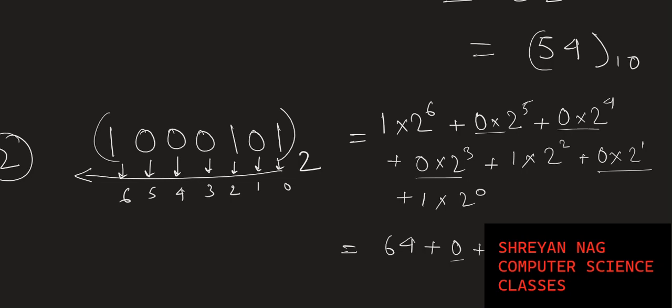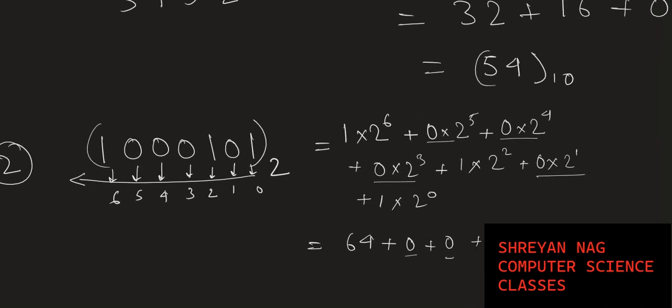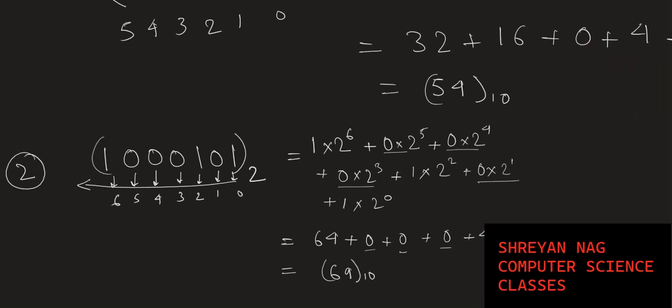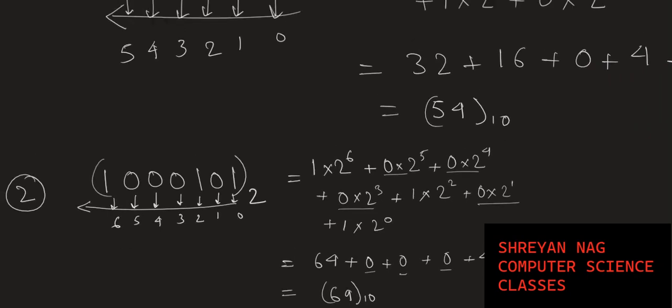And anything to the power of 0 is 1, so 2 to the power of 0 is 1, 1 into 1 is 1. So we can say that 64 plus 4 is 68, plus 1 is 69 base 10. So this is how we convert a non-fractional binary number to a decimal number.